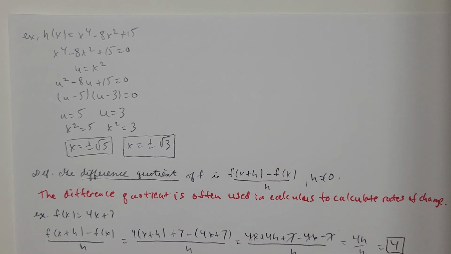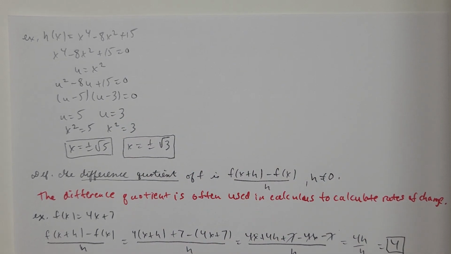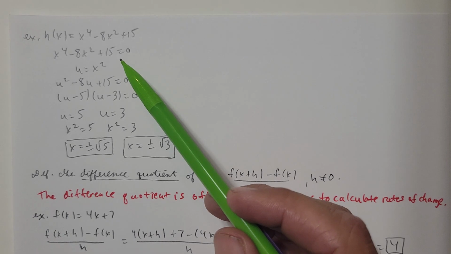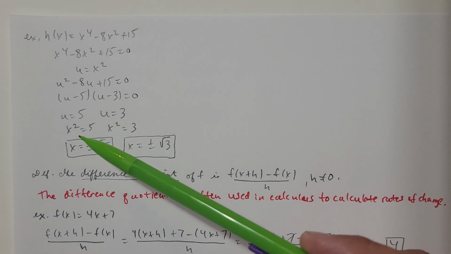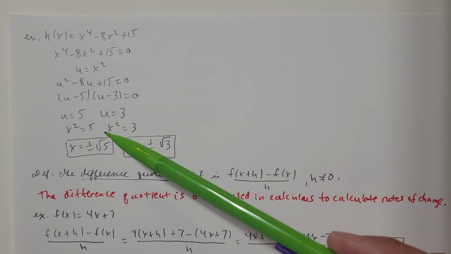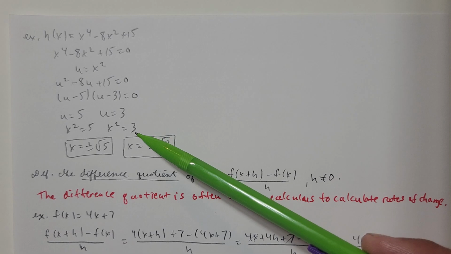Now, here's the thing. I don't care what u is. U is just a temporary variable that helped me solve for x, right? The original equation is involving x. So let's go ahead and substitute back. U is x squared. So I'm going to say x squared equals 5 and x squared equals 3.